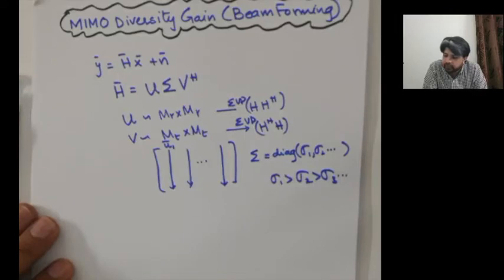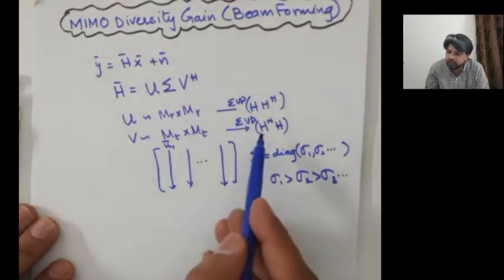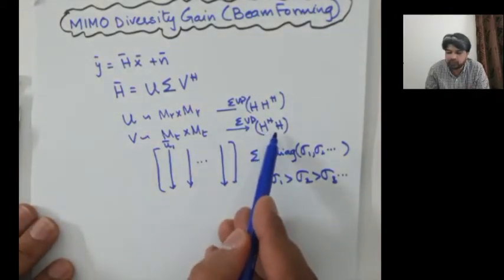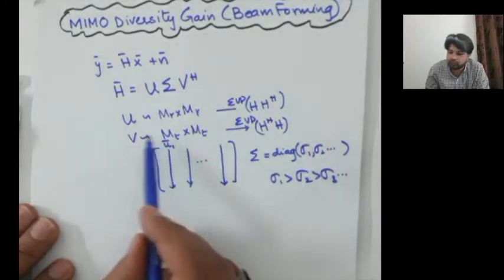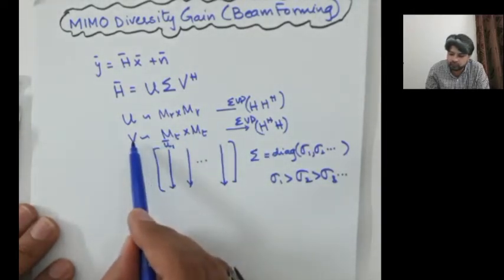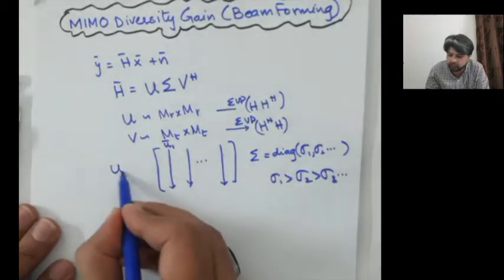Similarly, when we carry out the eigenvalue decomposition of H Hermitian H, the eigenvectors would be stacked in the matrix V. So this was the U matrix.